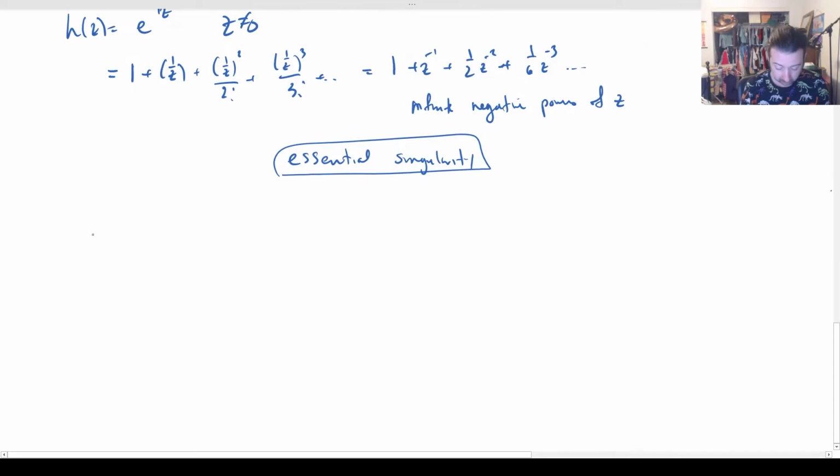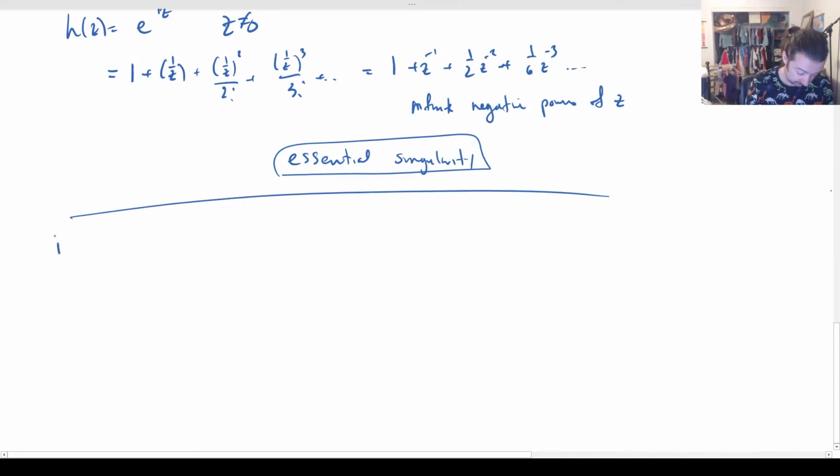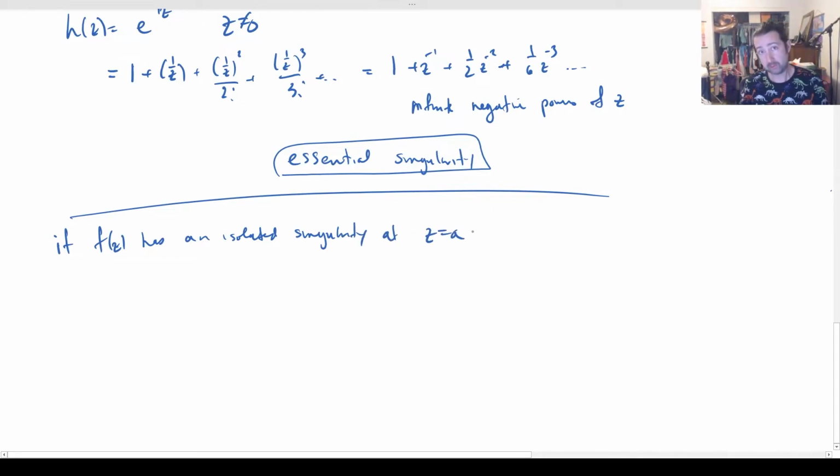So isolated singularities come in 3 flavors. If f of z has an isolated singularity at z equal to a, one of 3 cases holds. 1, a is a removable singularity.